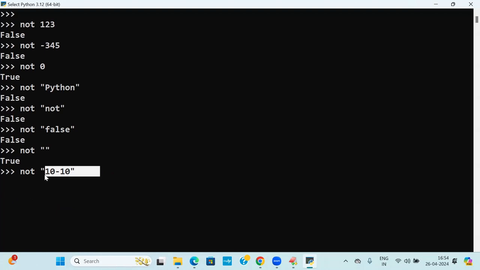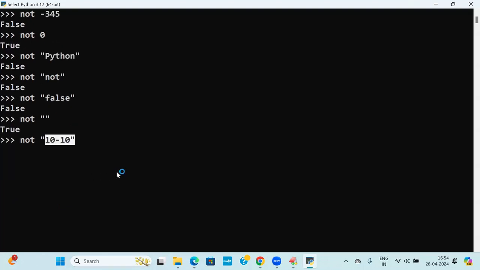Wrong answer. Generally, people will think that 10 minus 10 is 0. Even if you think 0, within the double quotes the 0 has a length of 1 now. 1 means what? Non-zero. Not of non-zero means what? The answer is false. Able to follow?